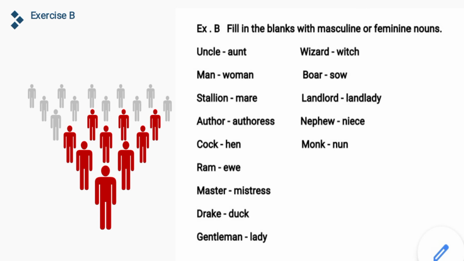Like uncle, aunt; man, women; stallion, mare; author, authoress; cock, hen; ram, ewe; master, mistress; drake, duck; gentleman, lady; wizard, witch; landlord, landlady; nephew, niece; monk, nun.